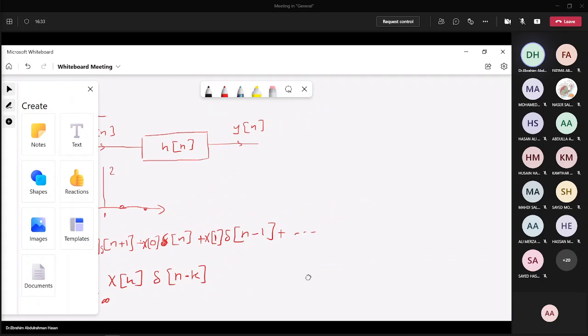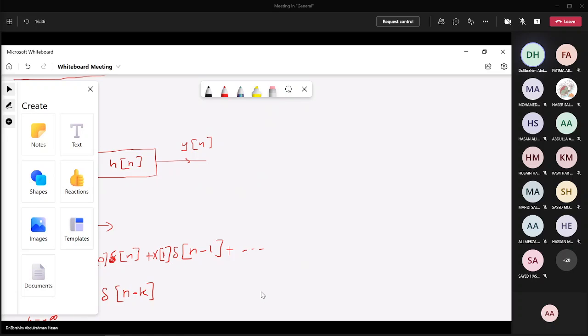What is the point here? What I want to say: if the input is delta, what is the output? What is the output here? When the input equals u, what is the output?